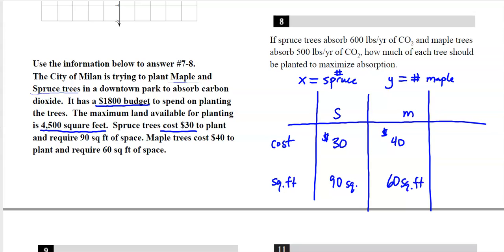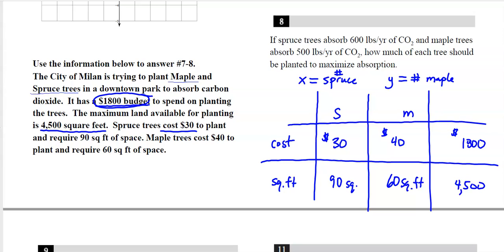And then I kind of come into these constraints, or my money has got to be $1,800 or less. So this top one is kind of like my money line. And the bottom one, my square footage budget, is 4,500. I got to keep it under 4,500.